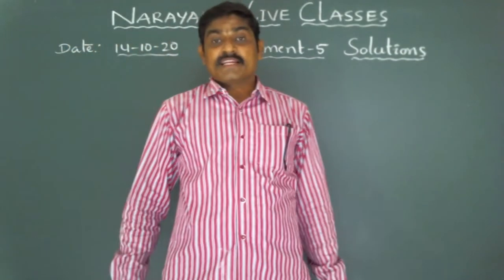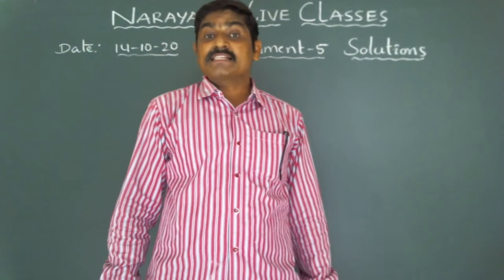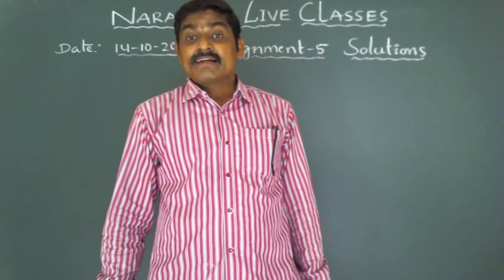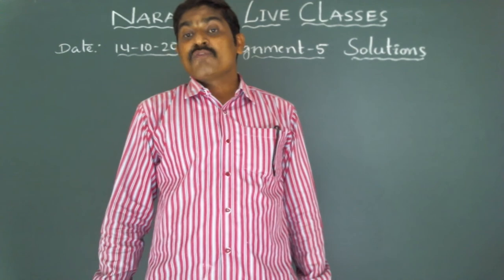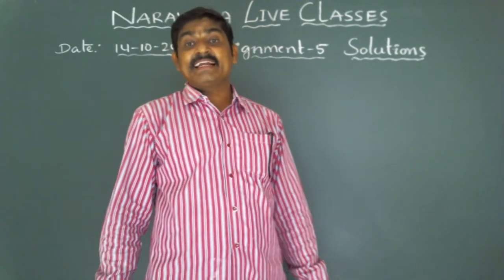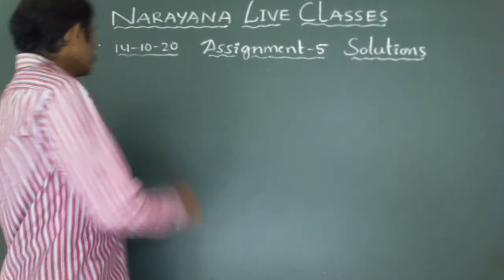The fifth question is: find the smallest square number that is divisible by each of the numbers 4, 9 and 10. Okay, so this is the fifth one.